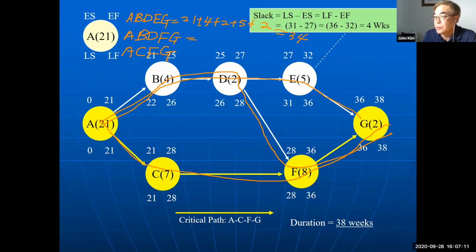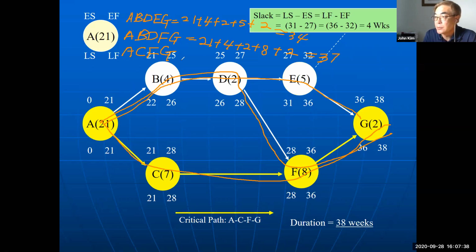The next one, 21 plus 4 plus 2 plus 8 plus 2, that is 37.